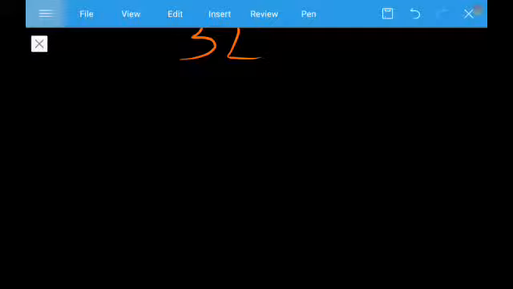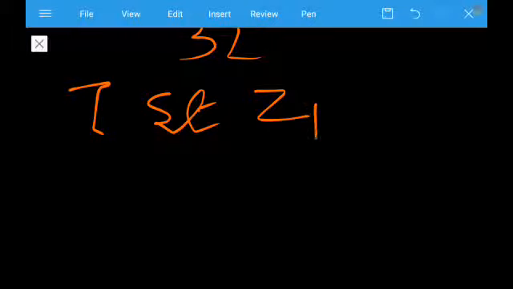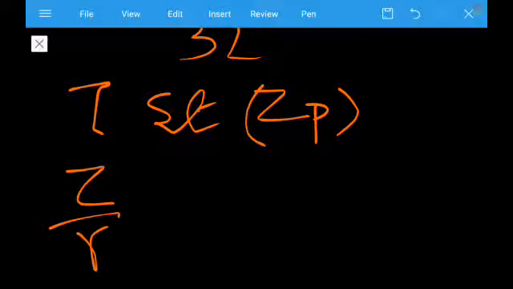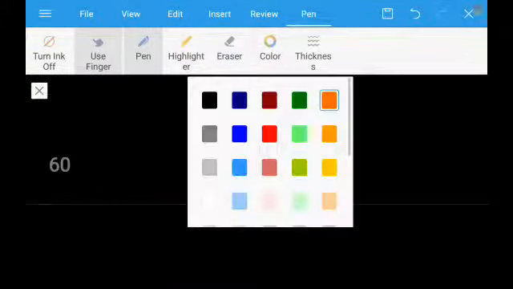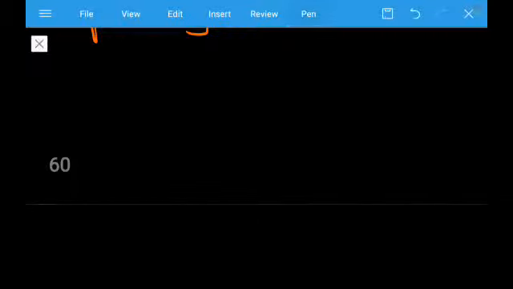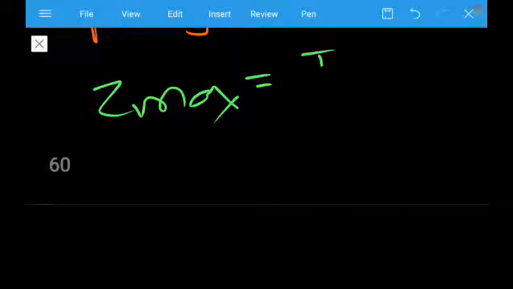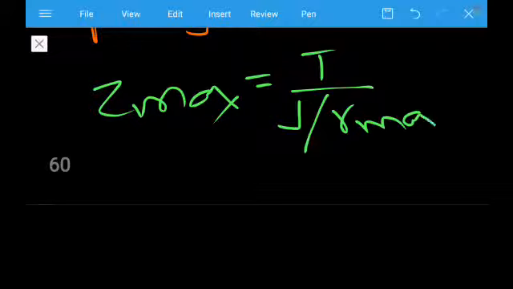Now the polar section modulus, torsional strength, is given by Zp, and tau upon r is T upon J. Hence tau max is T upon J r max.